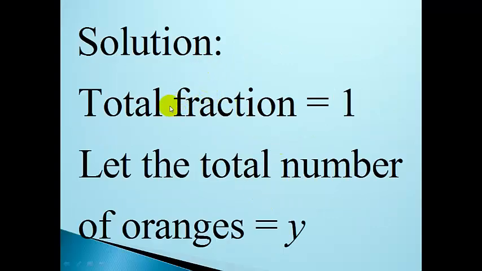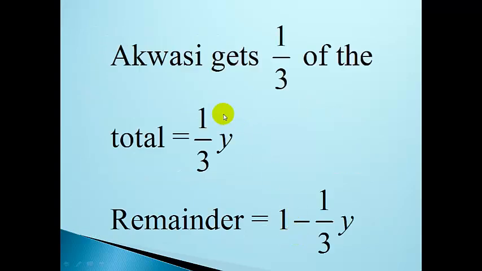Solution: the total fraction, as we know, is equal to 1. Let the total number of oranges be equal to y, because from the question we are not given the total number of oranges. Now Akwasi gets 1/3 of the total.